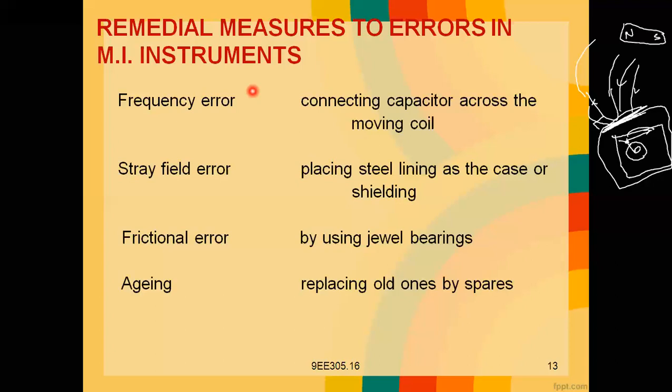Aging problem will be eliminated only by replacing the old ones with spare ones. Few aging problems, like say our spring got some change in thickness and then it exhibits some error, then we need to calibrate the meter again and then we can use it for some more time.